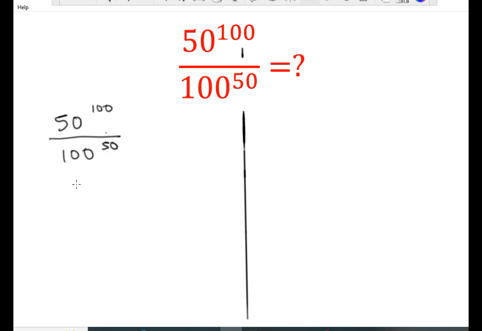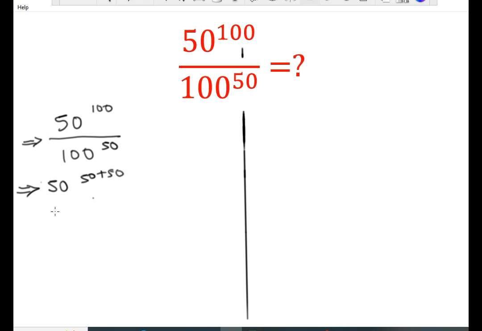So now we have to simplify this one first. How can we simplify this one? Let's start with 50 to the power 100. We can write it as 50 to the power 50 plus 50.